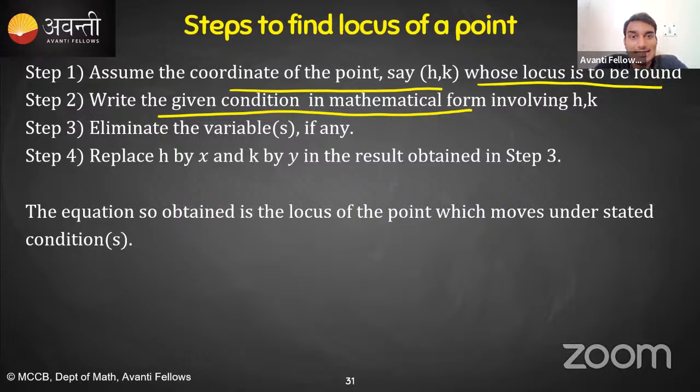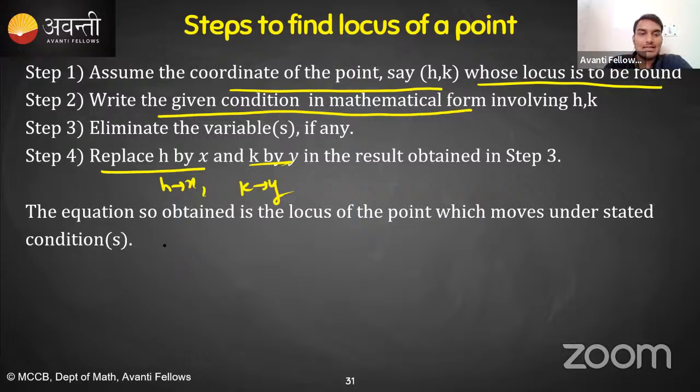So it means that angle is being assumed by me only. So my target is that I have to eliminate that variable. After eliminating those variables, if there are any, you will have an equation in h and k form. So simply replace h by x and k by y and you will get your locus.